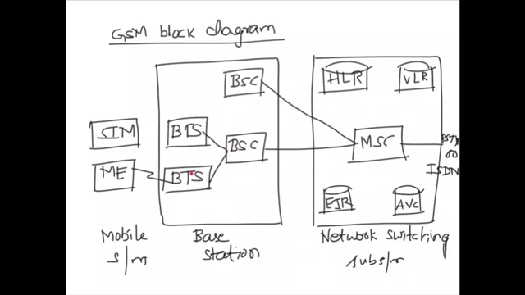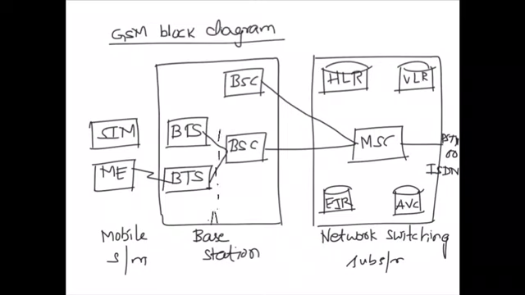Each BTS defines a cell and consists of radio transmitter, receivers and their associated antennas in order to communicate directly with the mobiles. A BSC may be connected to a BTS or multiple BTS units, and hence it can be connected to multiple cells.